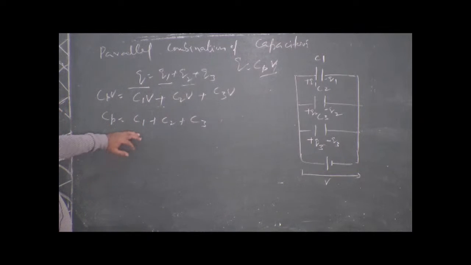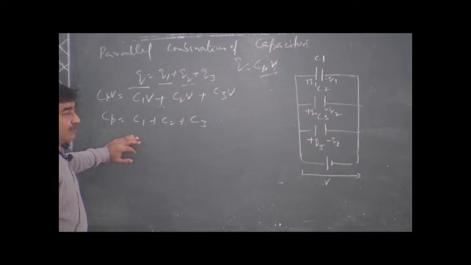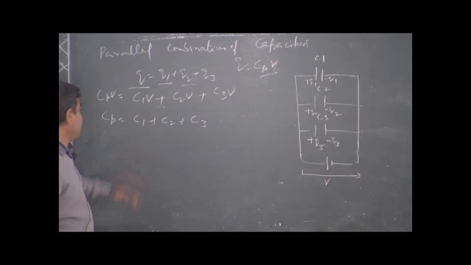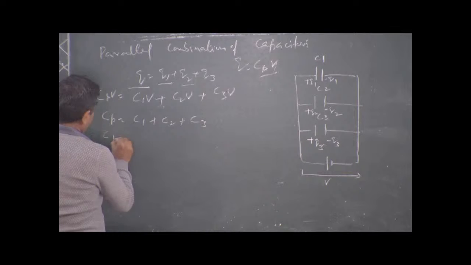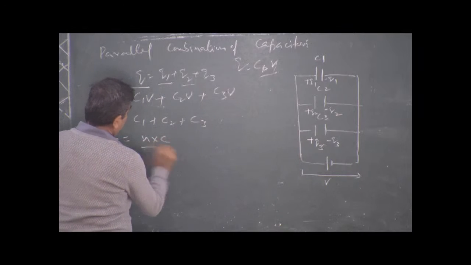Suppose you are having n capacitors, each of capacity C, then this Cp will be equal to n into C.